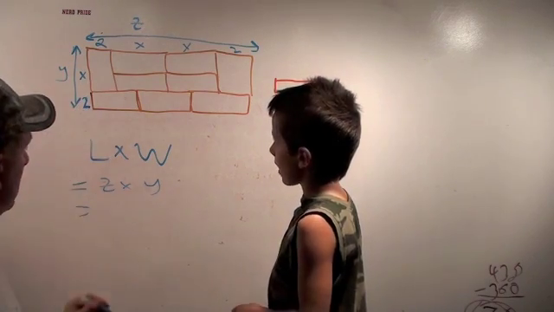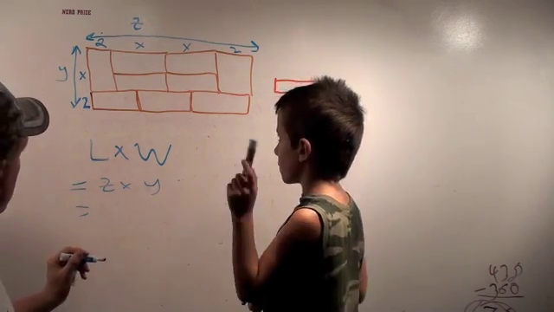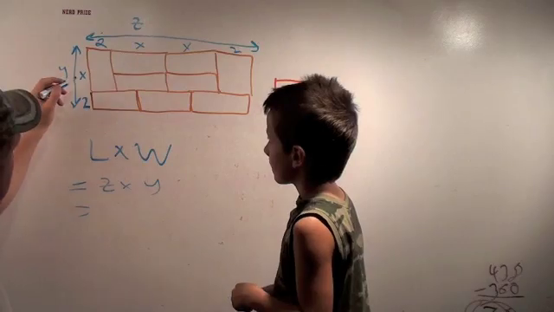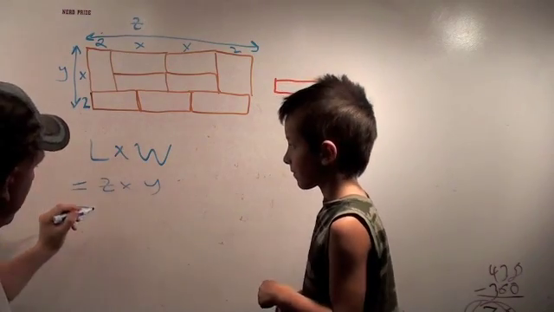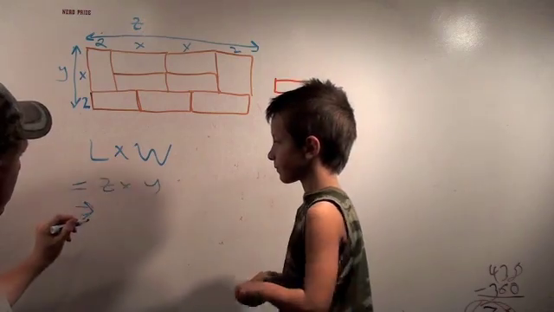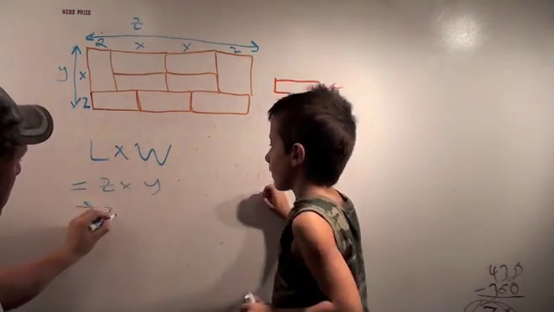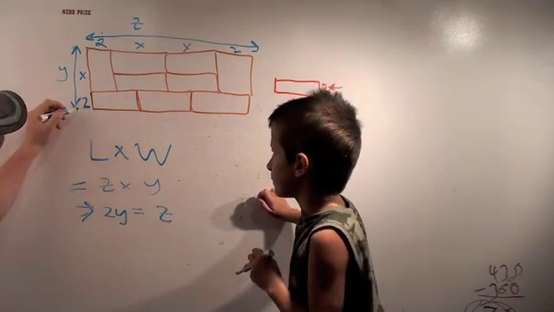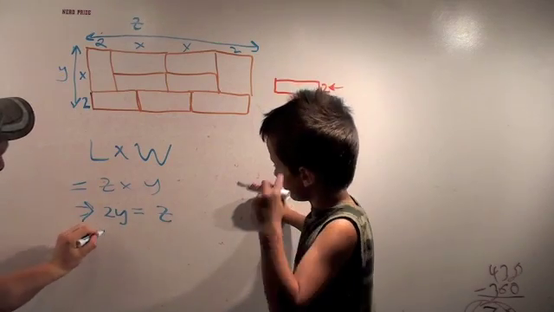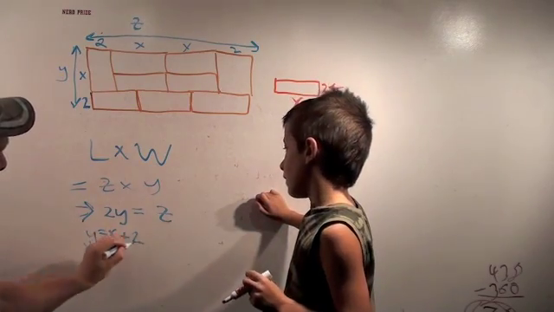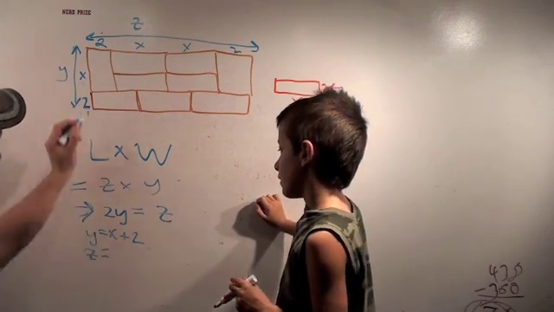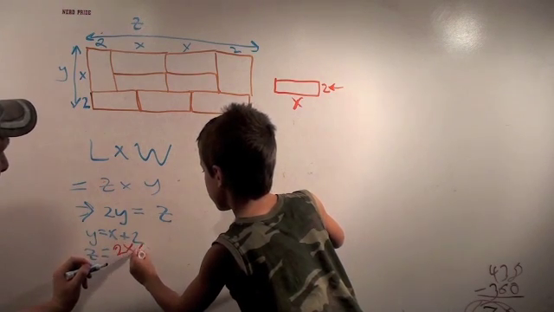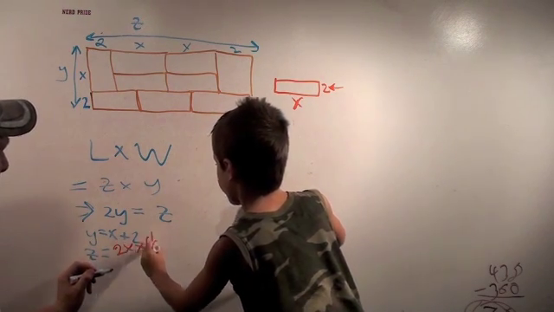Now we know that 2y equals z, because it's exactly half. Oh, interesting. Okay, that's a great observation. We just learned that 2y equals z, because y is equal to x plus 2, and z equals 2x plus 4.